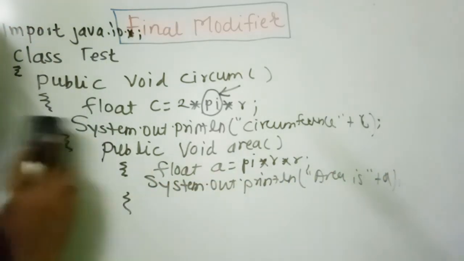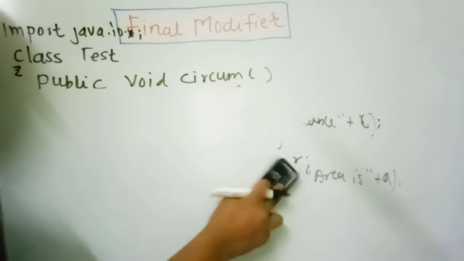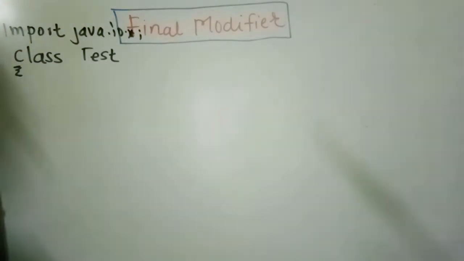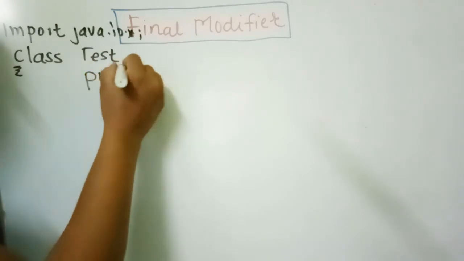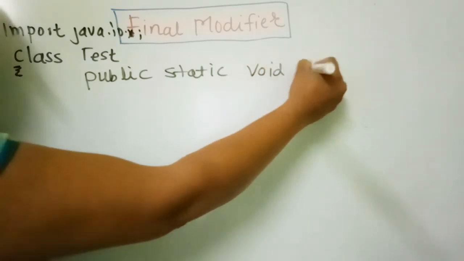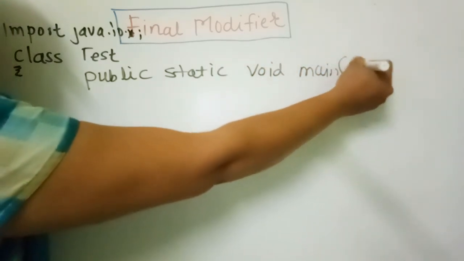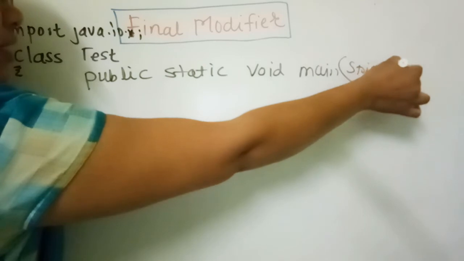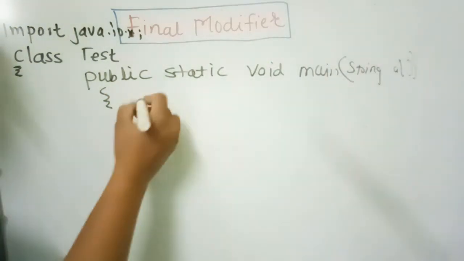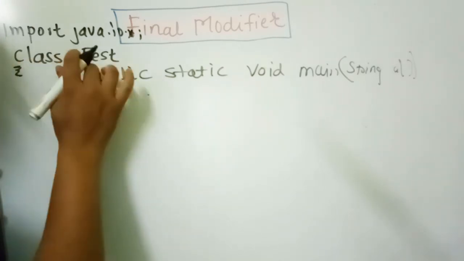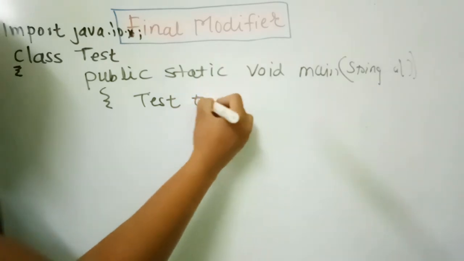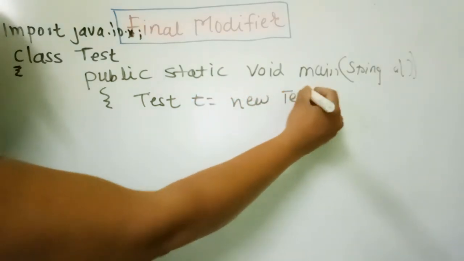Now what remains is the final mechanism, that is to create the main function, public static void main(String a[]). Now simply create the object of this class, that is Test t equals new Test.